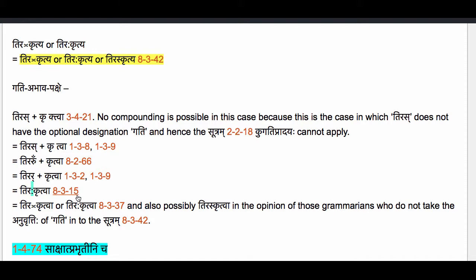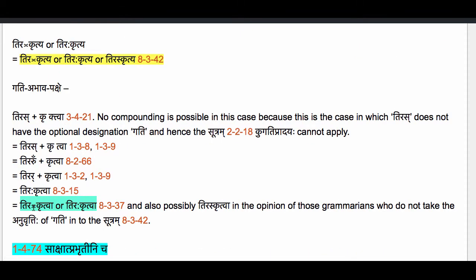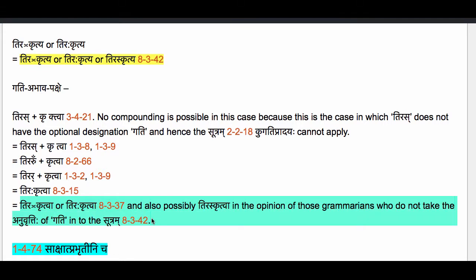So we get tiraha kritva. Then we apply 8.3.37 kupvoho kahpaucha to optionally replace the visargaha by the jihvamuliya. So we get tirah kritva or tiraha kritva, and also possibly tiras kritva in the opinion of those grammarians who do not take the anuvritti of gati into the sutram 8.3.42.